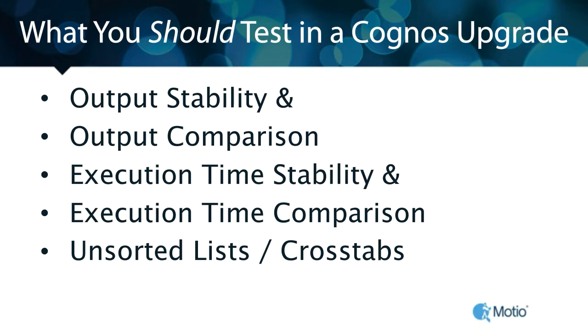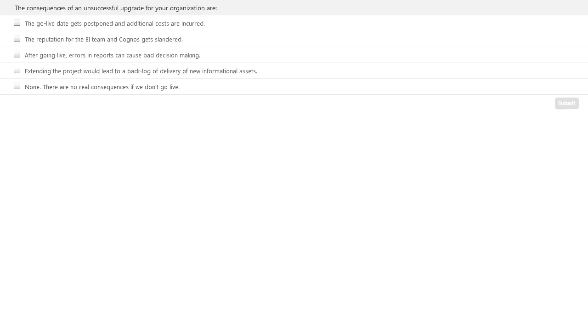Before I hand off to Lance, I'd like to ask a few quick poll questions. First, the consequences of an unsuccessful upgrade for your organization: the go-live date gets postponed and additional costs are incurred, or the reputation for the BI team and Cognos gets slandered.